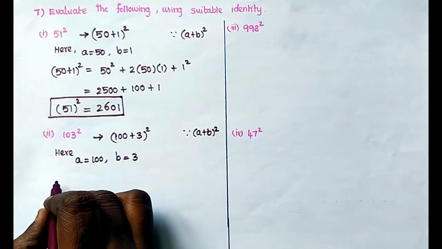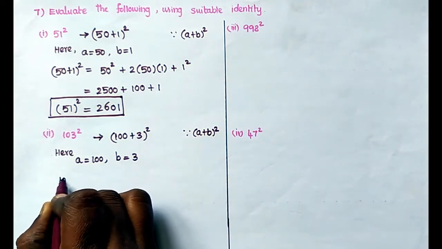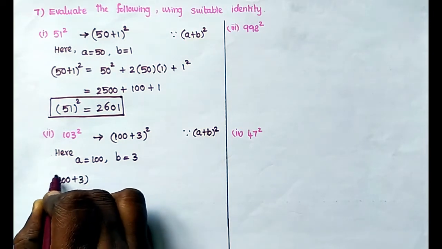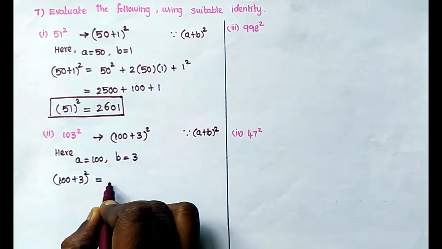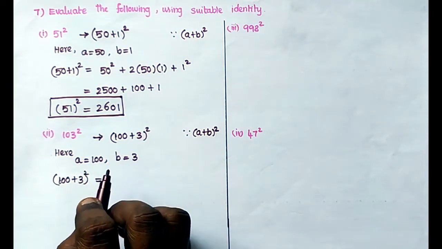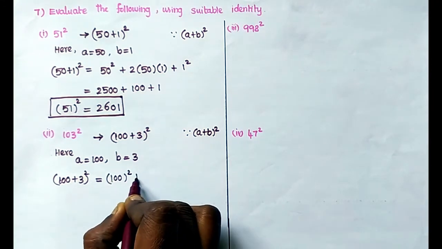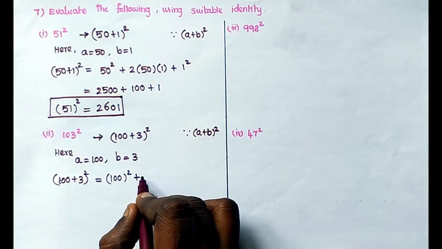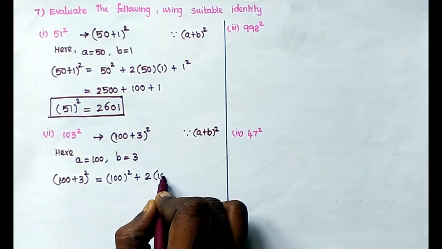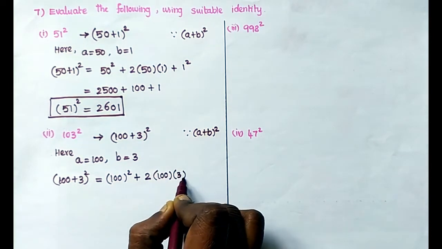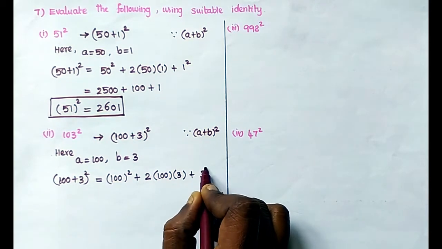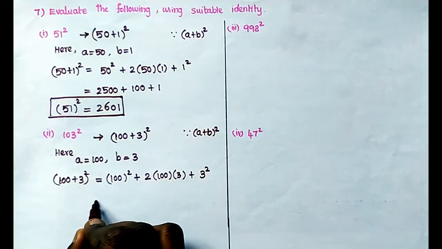Now apply this in the formula, (100 plus 3) whole squared is equal to a squared, that is 100 squared, plus 2ab, 2 into 100 into 3, plus b squared, that is 3 squared.